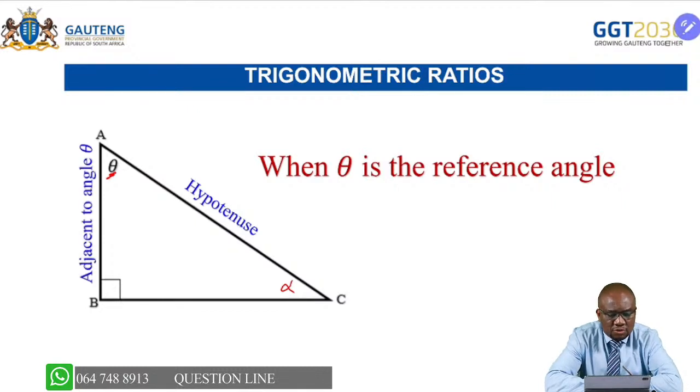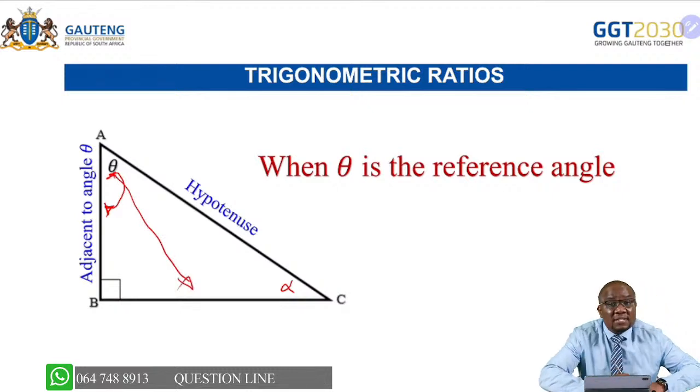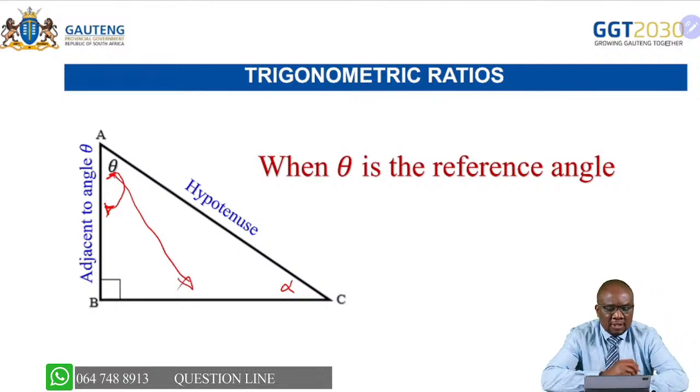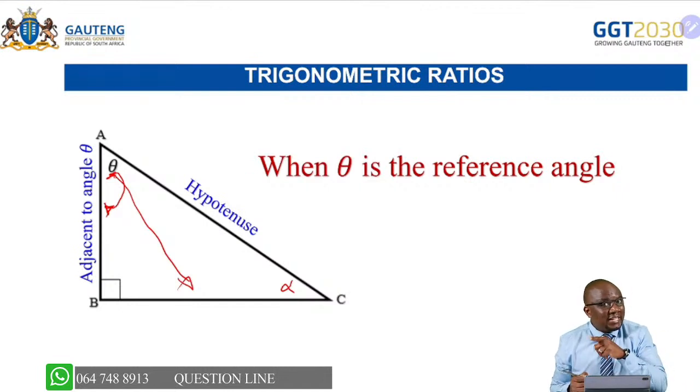So which side is opposite angle theta? Let me show you the AP, just next to. And then BC is opposite angle theta. So now, if you check, AB was opposite angle alpha. AB was opposite angle alpha.